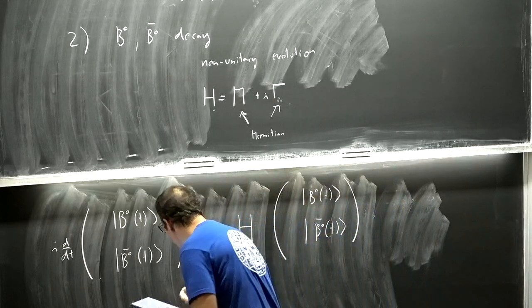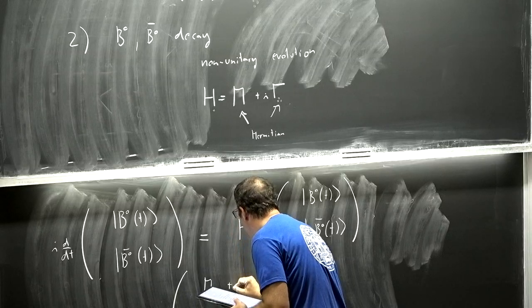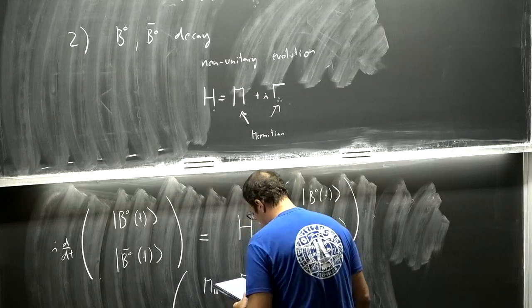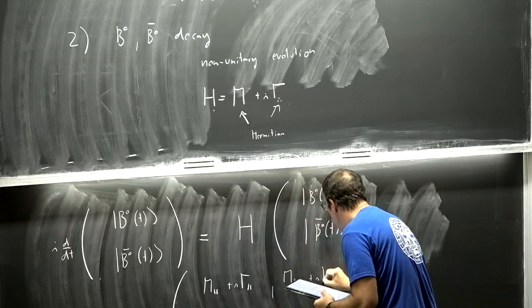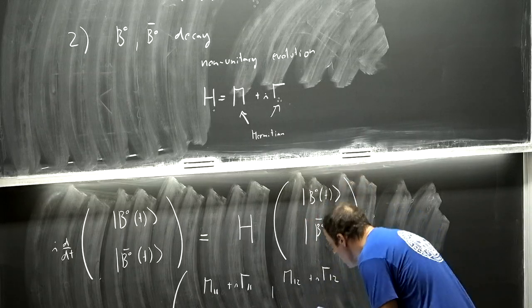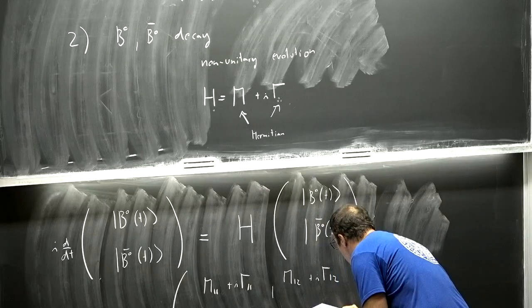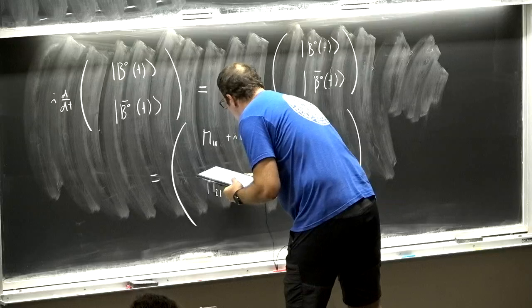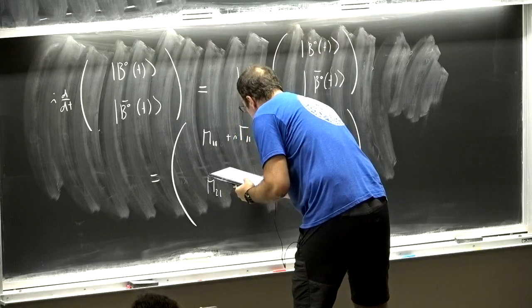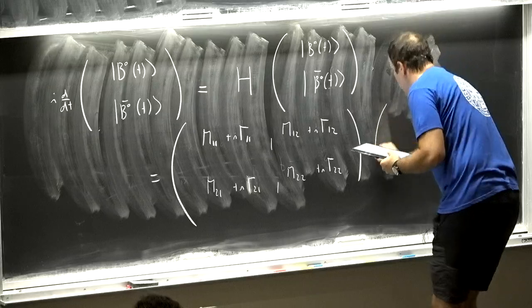And it's just parameterized by these two Hermitian matrices, M and gamma.